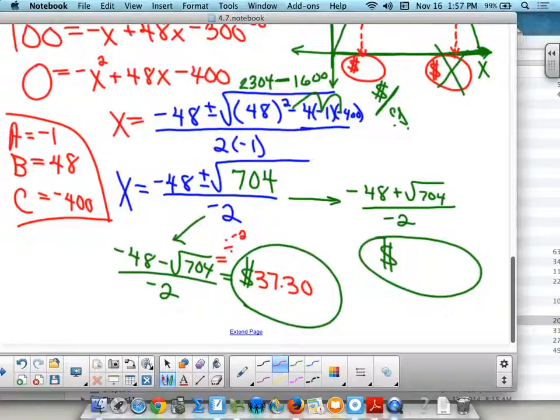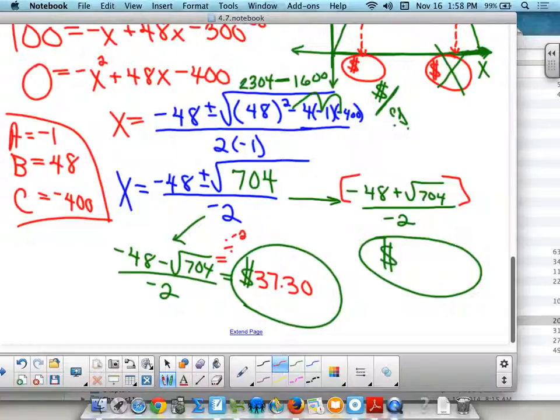Now, that's one answer. Now, wait a minute, guys. Do you have to do it that way, or could you do it this way? Could you just use your parentheses again, and just tell your calculator, get me the top answer, use your grouping symbols, then whatever that is, divide by negative 2. Would this work? Sure it would. This is the way I would have done it.